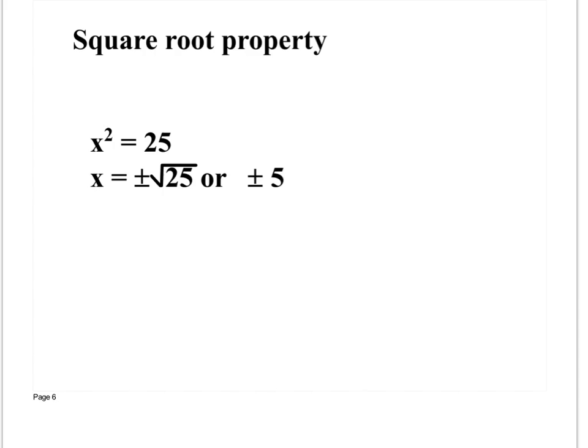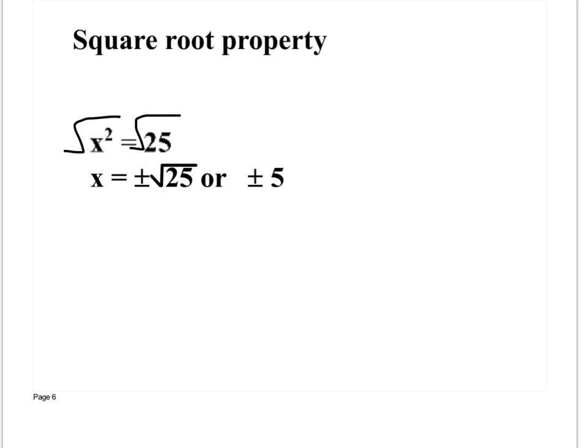Square root property. X squared equals 25. When you're square rooting x squared, x becomes plus or minus the square root of 25, or plus or minus 5. The reason it's plus or minus is because I'm not sure if x is positive 5 or negative 5.